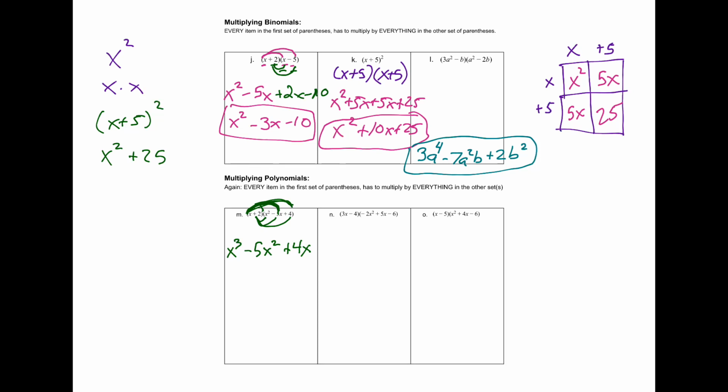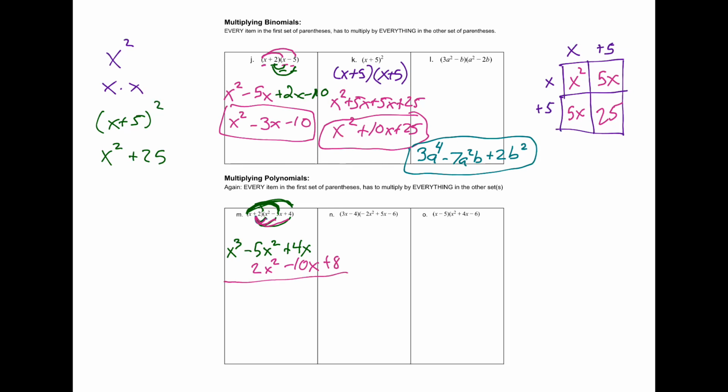Then let's distribute the bottom part. So 2 times x squared, 2x squared. 2 times negative 5x, negative 10x. And then the last one, 2 times 4, is a positive 8.